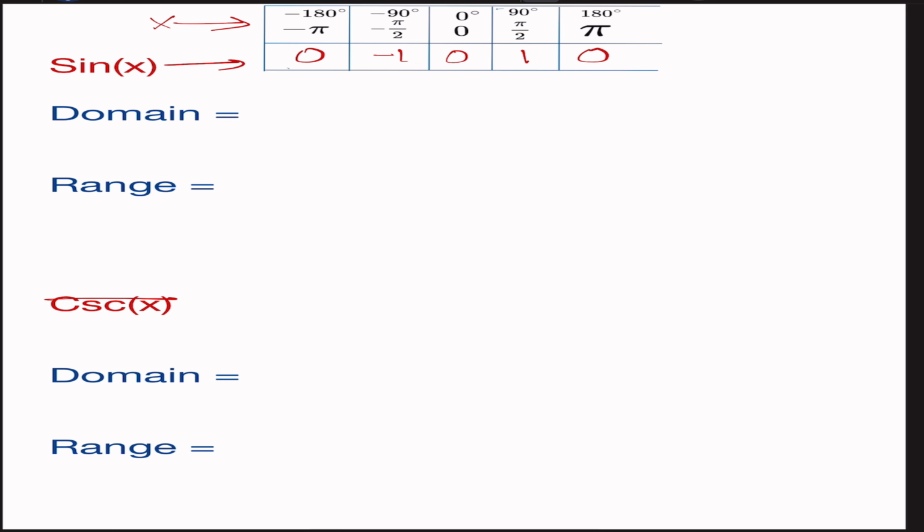For the sine function, on the domain we can put any number, which means the domain is x, all the real numbers. However, the output is between negative 1 and 1. I'm going to show you the graph so that it makes much more sense.